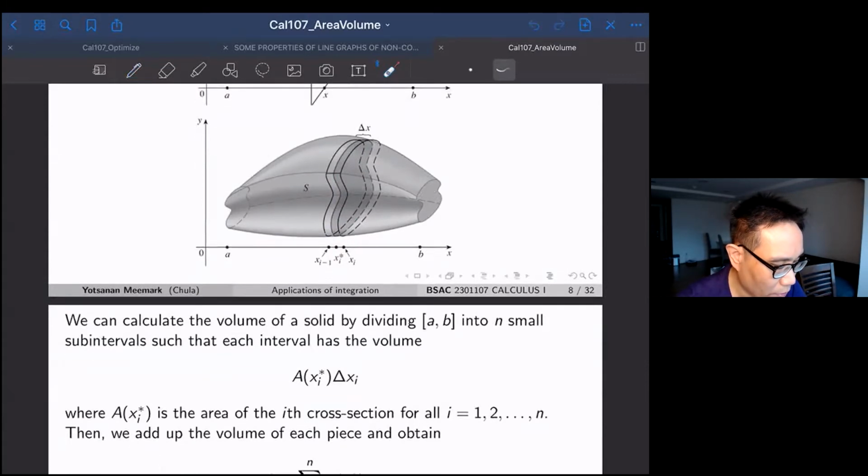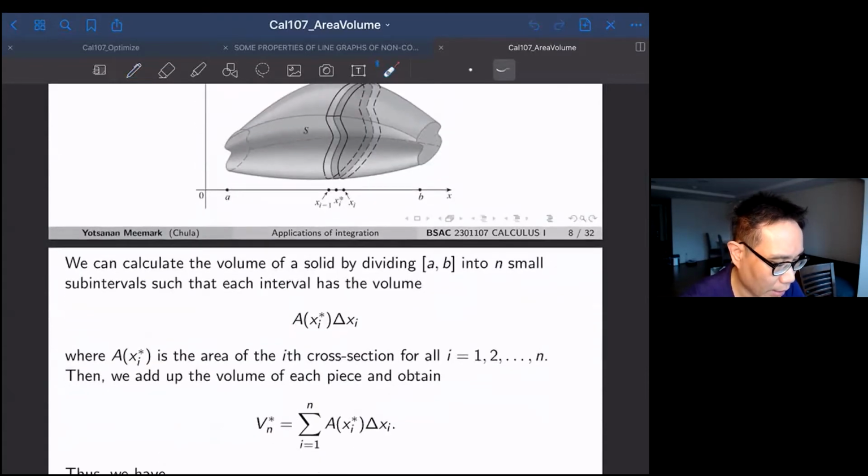Like I said on the handout, we calculate the volume of a solid by dividing the interval [a, b] into n small subintervals, such that each piece has the volume A(x_i star) times delta x_i.